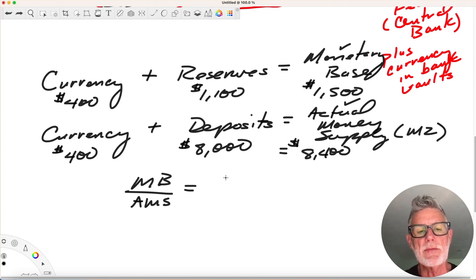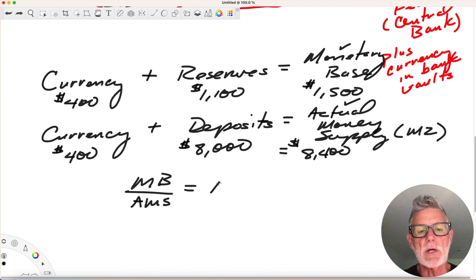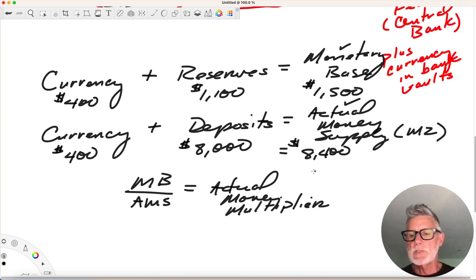I don't call it that in the book, but I have called it the maximum money multiplier. I guess in the book I do call it the actual money multiplier, or this is the deposit expansion factor. So yeah, we'll call it the actual money multiplier.